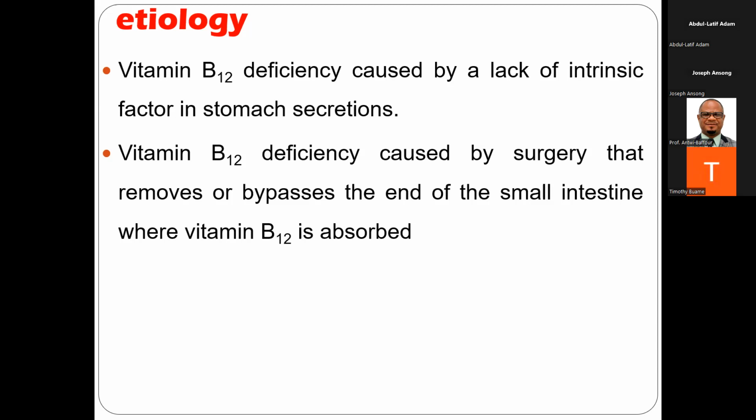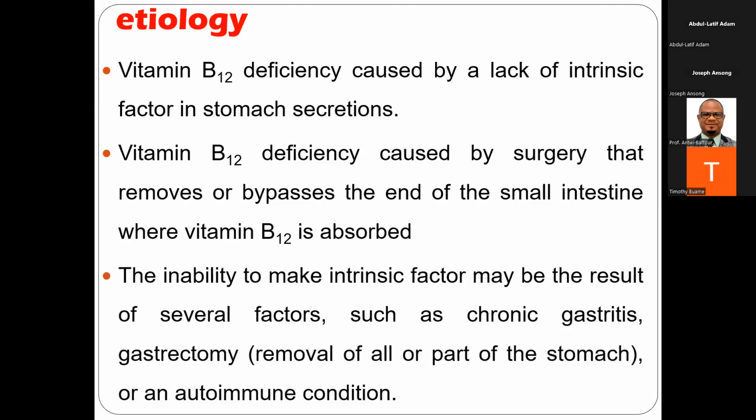If the ileum has been resected or bypassed, then B12 will not be absorbed. So the inability to make intrinsic factor may also have other causes. We talked about the antibody. Chronic gastritis can also be the cause.